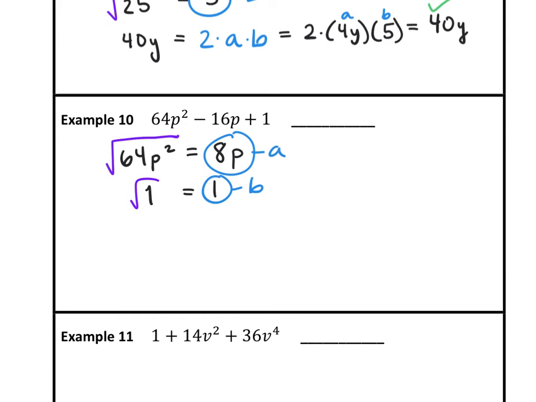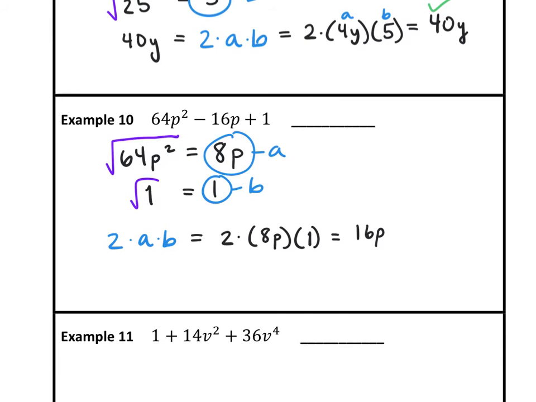And then I want to check, what do I get if I do 2 times a times b? I want to see if I'm going to get the middle term. So what's 2 times 8? 16p. 16p times 1, 16p.